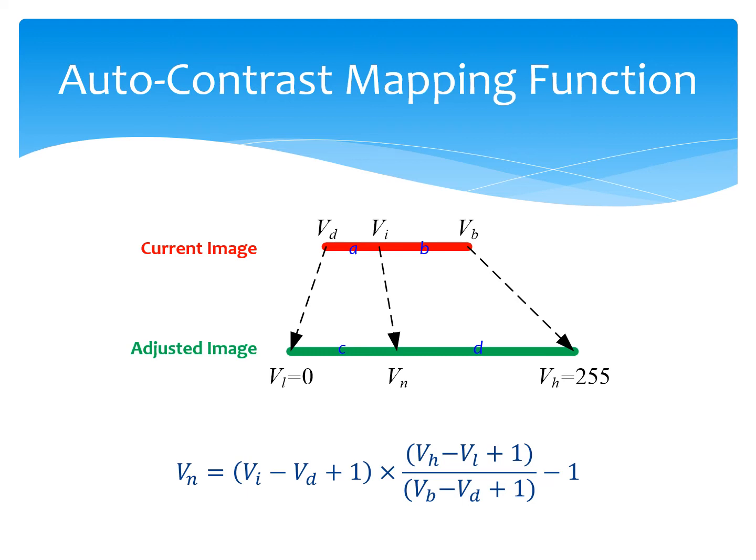The adjusted pixel intensity Vn in green can be obtained using the formula as shown on the screen, which is derived based on the assumption that the ratio of A to A plus B is the same as the ratio of C to C plus D.